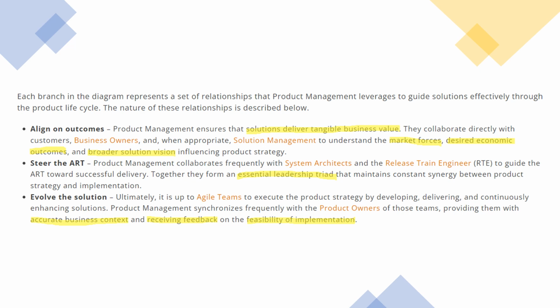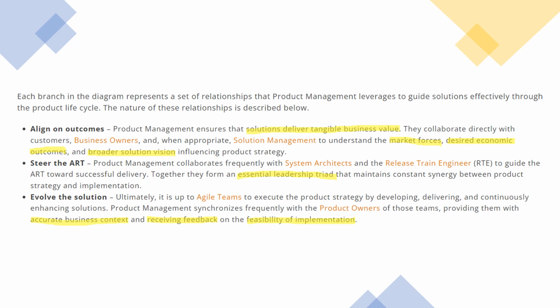The third branch is evolving the solution. Based on the product strategy, you have to bring out the solution. The implementation will be taken care of by agile teams, but product management synchronizes frequently with the product owners of those teams, the teams who are implementing the solution. You need to help the product owners with accurate business context and get feedback on the feasibility of implementation.